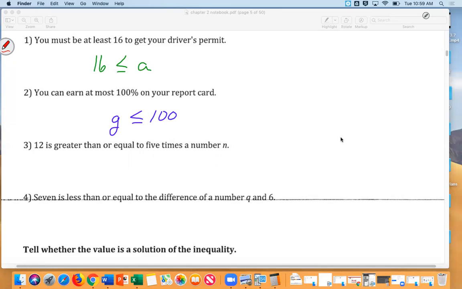12 is greater than or equal to 5 times a number n. So 12 is less than or equal to 5n. 7 is less than or equal to the difference. Difference means subtract, so I'm going to subtract the next two things, q and 6.